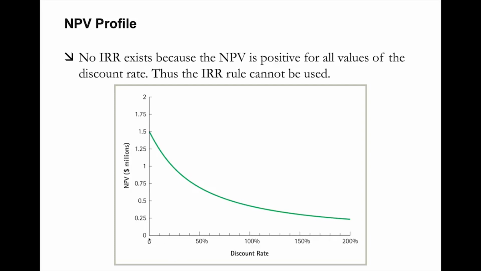And take a close look at this discount rate. This discount rate goes all the way to 200%. A discount rate of 200%, and the NPV of this project is still positive, and it will continue to be positive. So another pitfall is when we do not have an internal rate of return.